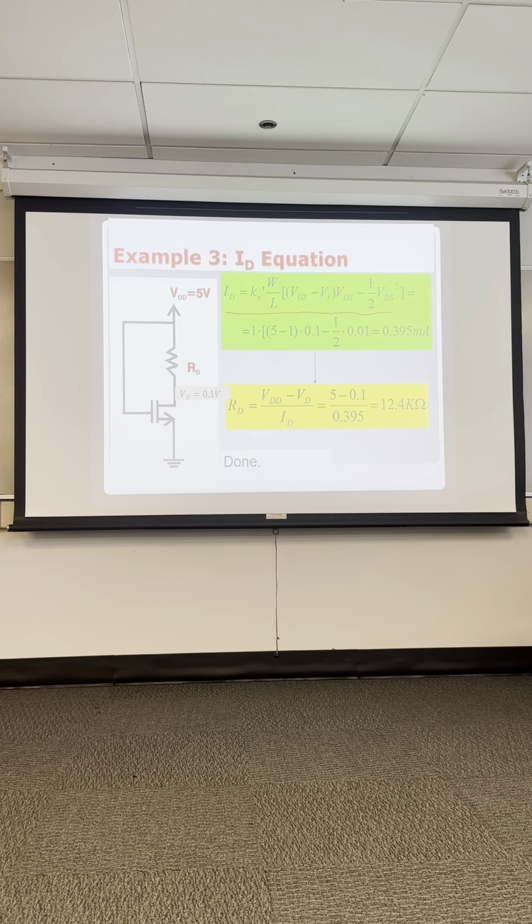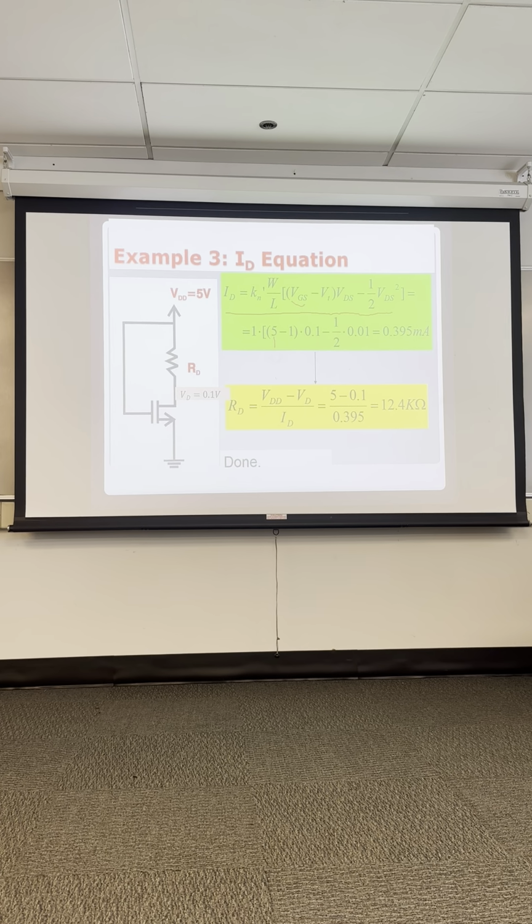And examining the equation, we're going to find out where the unknowns are. So, what is the gate to source voltage? 5 minus 0, 5 volts, that gives us this number.